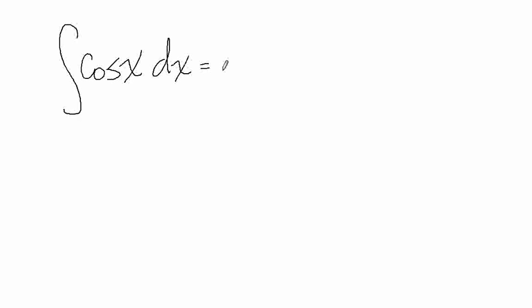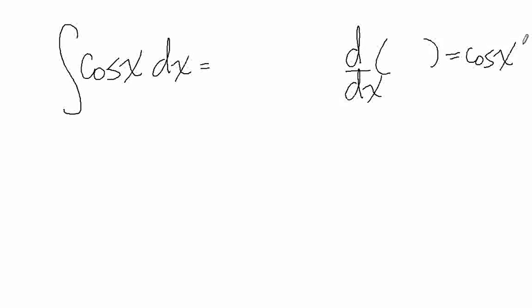Now, in order to answer that question, what is the antiderivative of the cosine of x with respect to dx? We need to play the following game. Suppose I asked you to solve this puzzle. The derivative with respect to x of some mystery function, I'll put a blank, is equal to the cosine. All right?